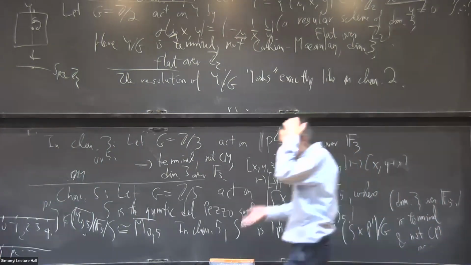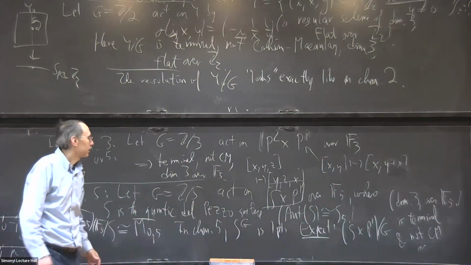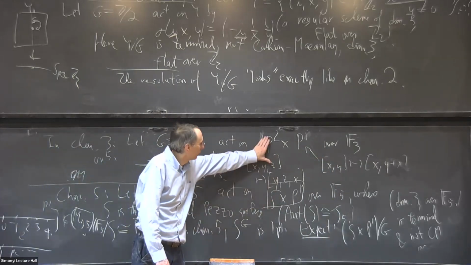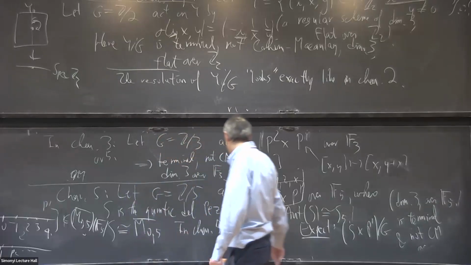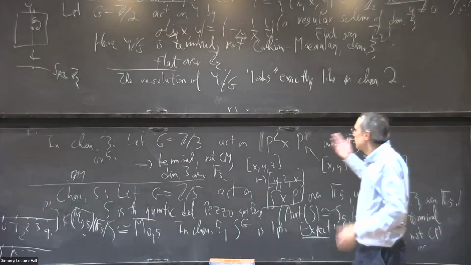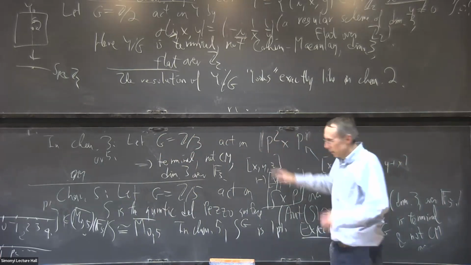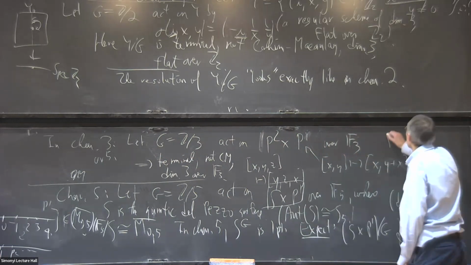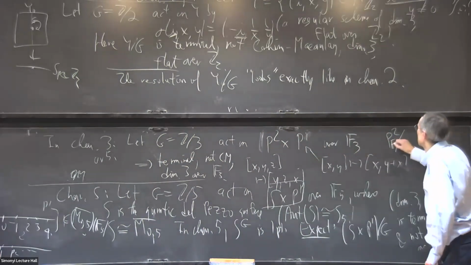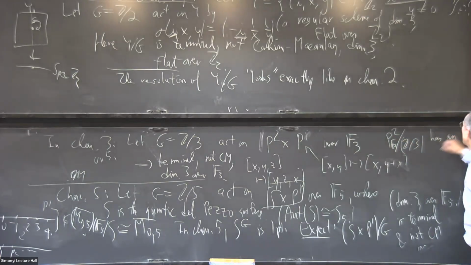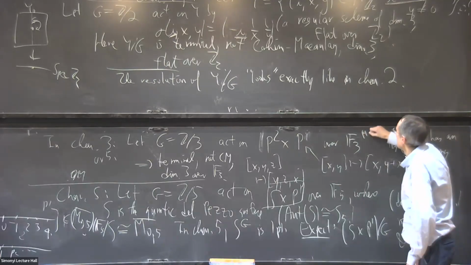Again, it's kind of like just trying to guess what is the simplest action. There's some evidence that points to these things being the simplest. Michael Artin studied quotient singularities in characteristic p, and you find that P2 over F3 divided by Z mod 3 has an E6 singularity, which is a lot more complicated than you would expect from characteristic 0.